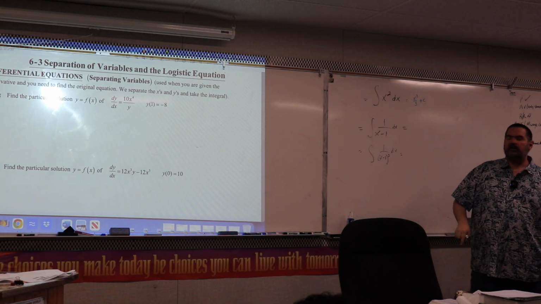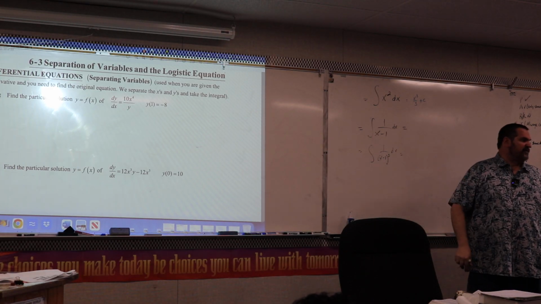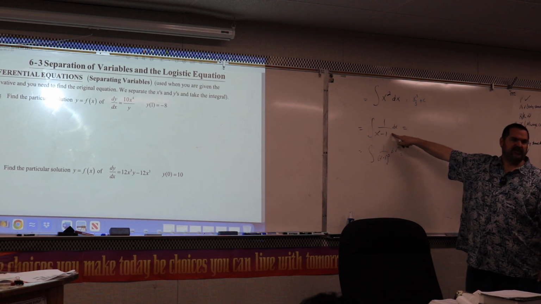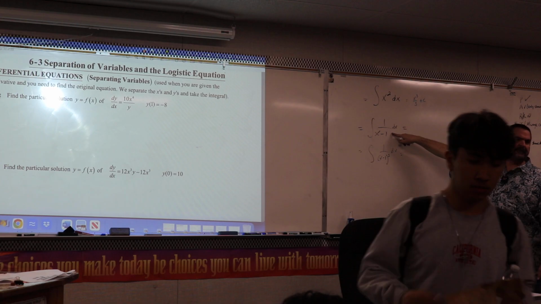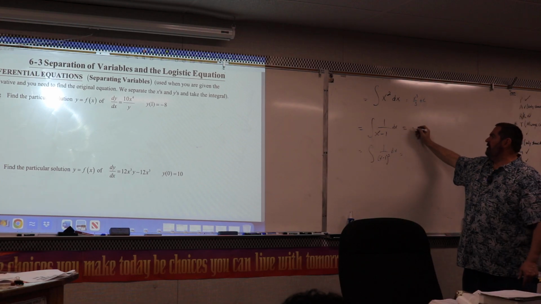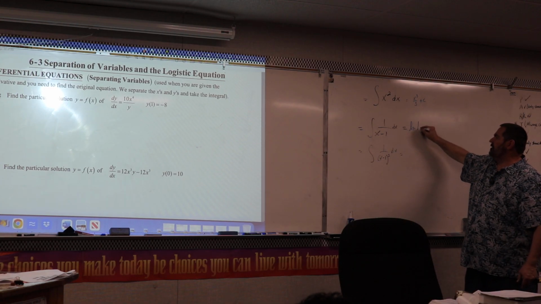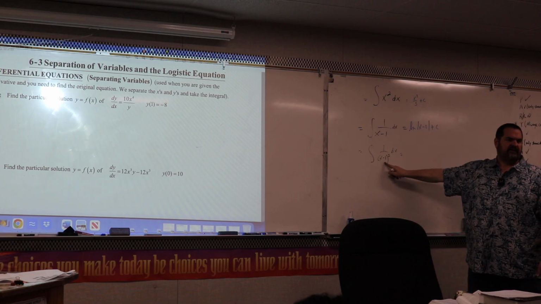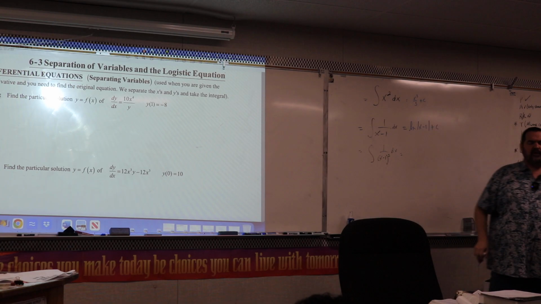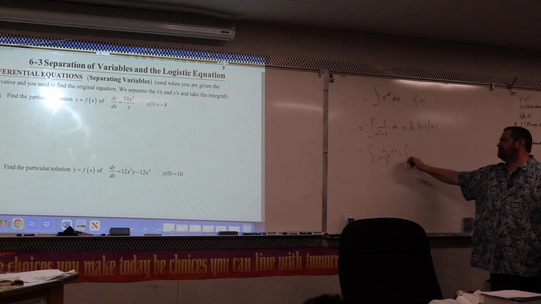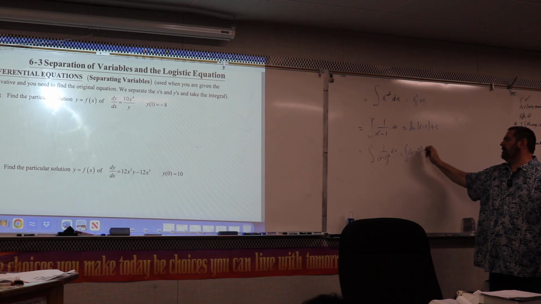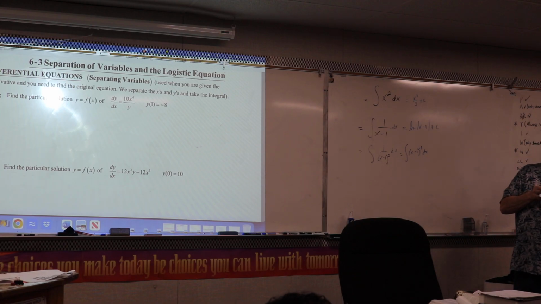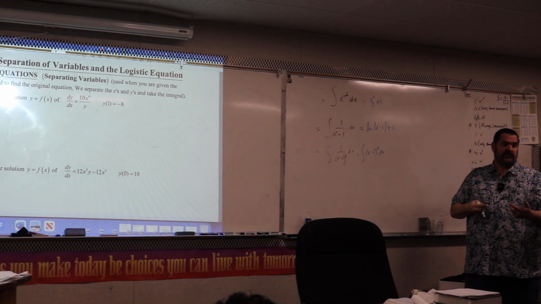Just a quick reminder. If you have 1 over x minus 1, what is the integral of 1 over x minus 1? This is ln of x minus 1. But this one is not ln because it's squared, so we're going to bring that up to -2. Now if you have a binomial to a power, substitution will always work for us.